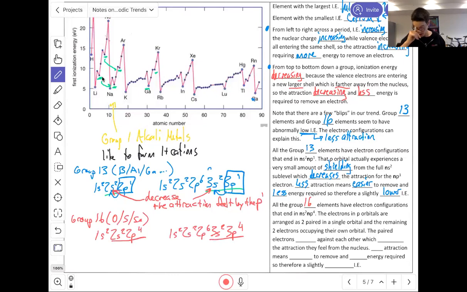So if I have 4 electrons in P, this is where it is helpful to still remember those orbital diagrams, those arrow things.